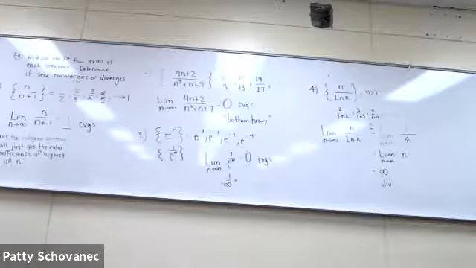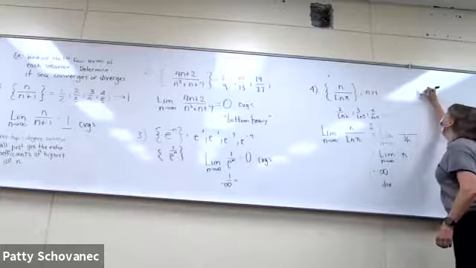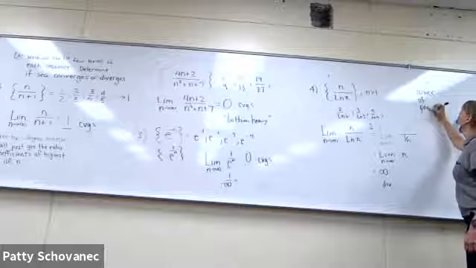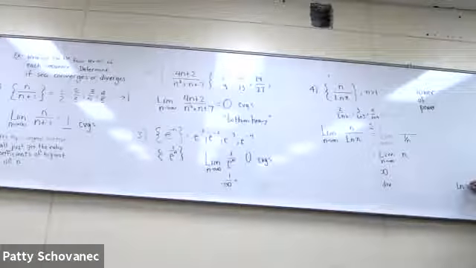Let's look at something called our tower of powers. Log of n is way down here. It's very slow growing.